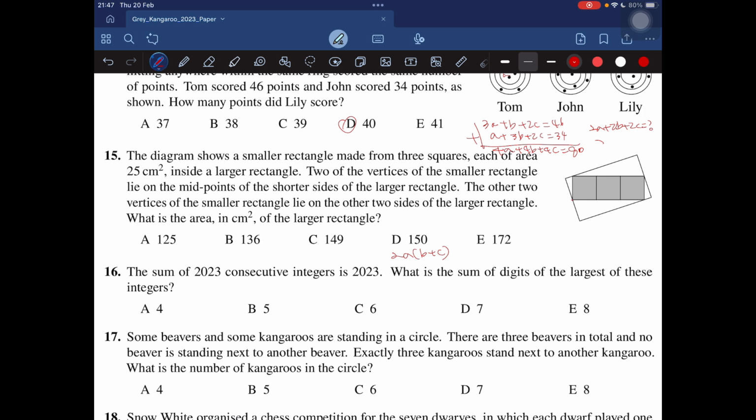Just now I figured it out. If we draw the line like this, then this is half of the upper rectangle, because it has base of here and height of here. So 25. So altogether this is 75. So 150.